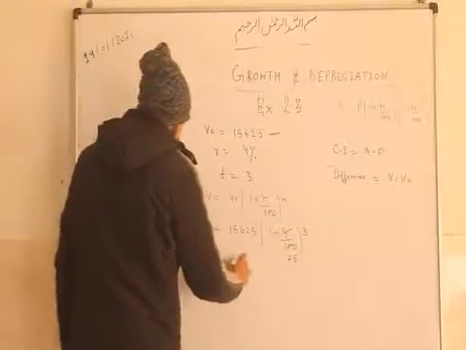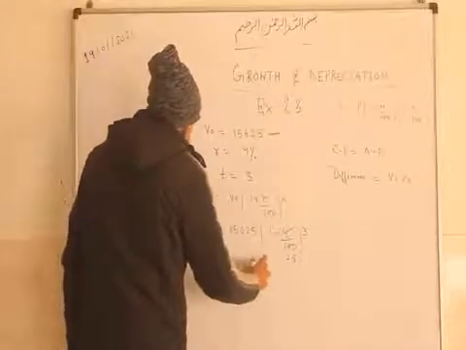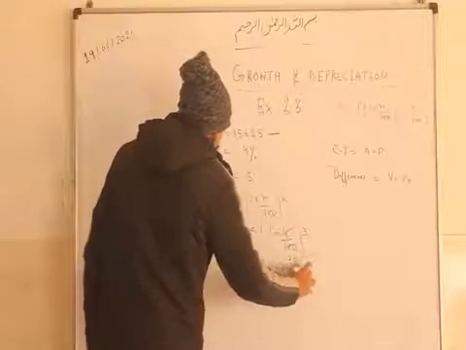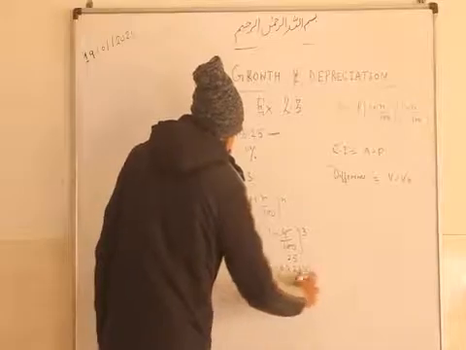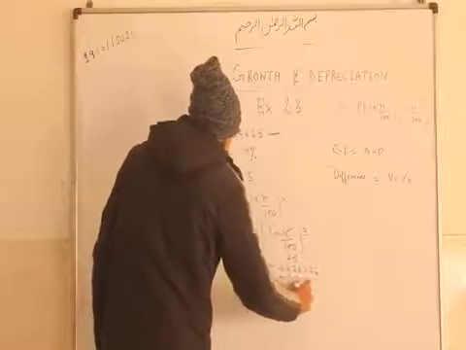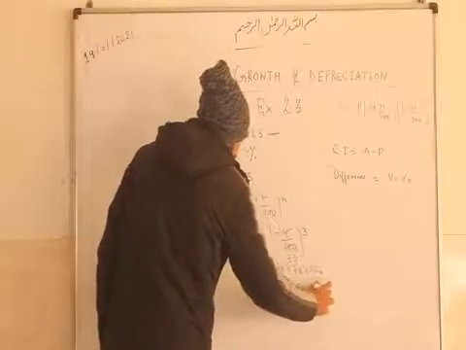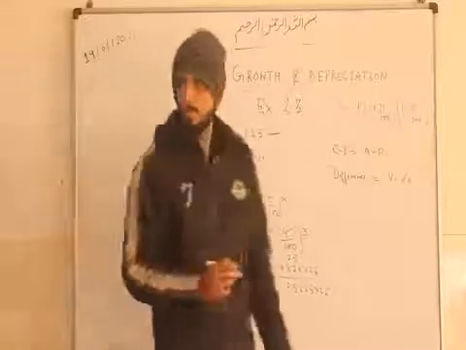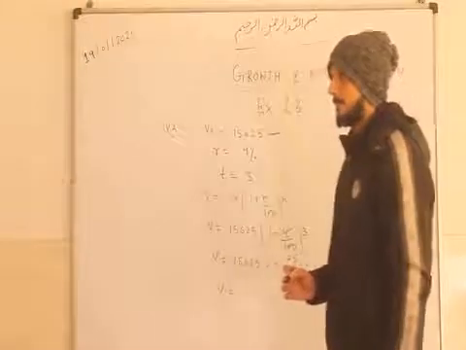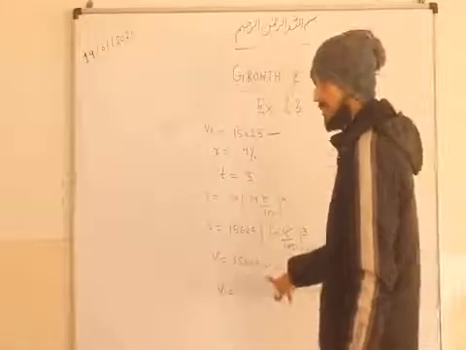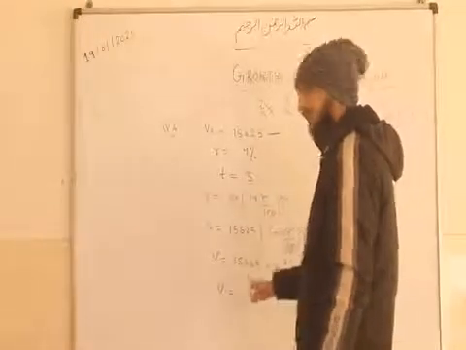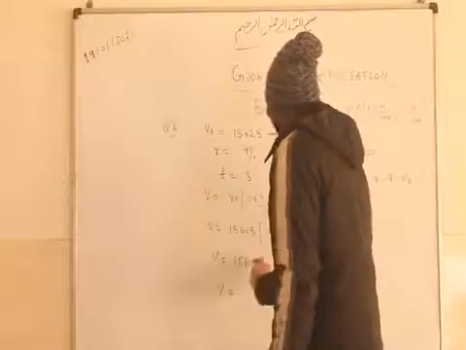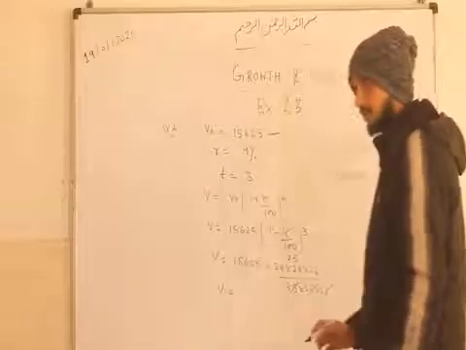So it will be 15,625 into 26 into 26 into 26 divided by 25 into 25 into 25. So this will directly cancel out. So the answer will be the cube of 26.